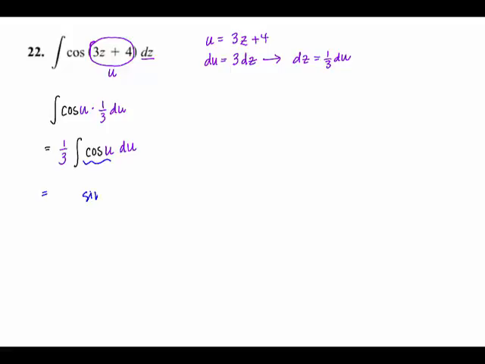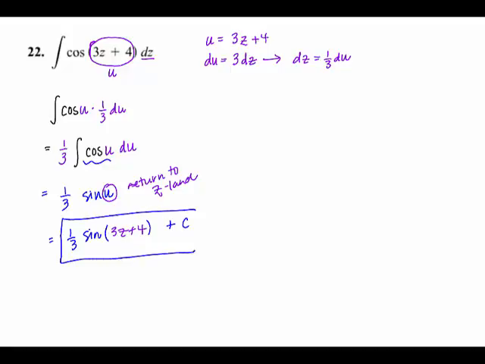The answer is the sine of u. 1/3 is still along for the ride, he's just a constant, and we return to z land to write our final answer and add the c. So 1/3 the sine of u, which in terms of z is 3z plus 4, plus c. So we found the antiderivative with u substitution for this integrand.